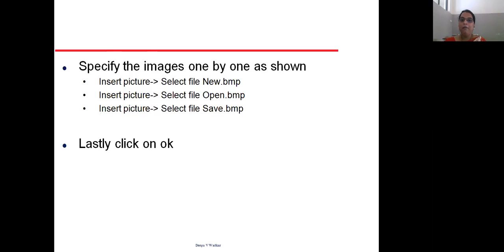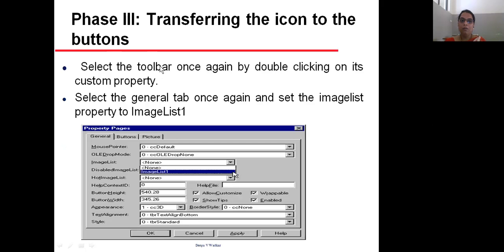And lastly, we need to connect the buttons as well as images to the toolbar. So again, you have to open the toolbar and go to the properties window. In that you have to select the custom property.